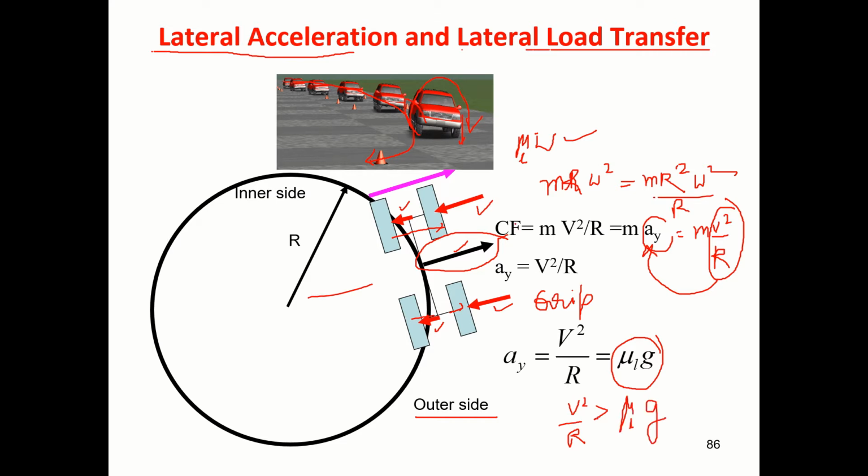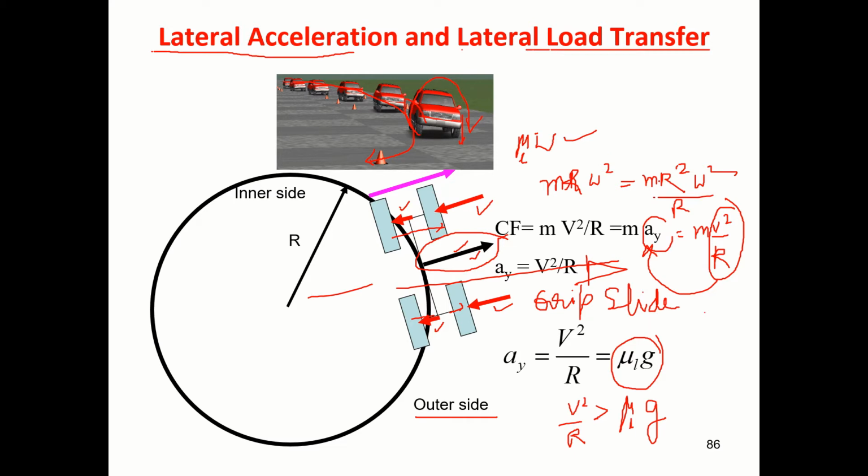That means this force is larger than these four forces, then the vehicle will simply slide. If it is further high, we'll see that later. That is a different discussion. Right now, if it exceeds, it slides.